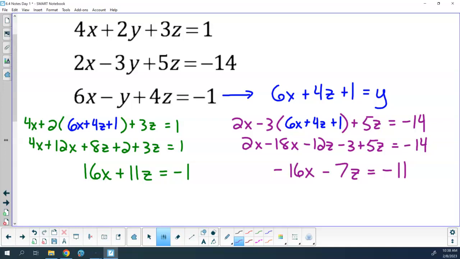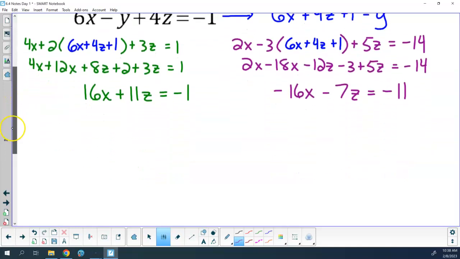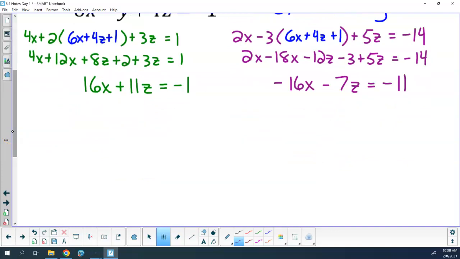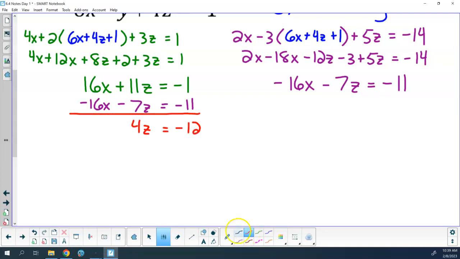Okay. Nice thing is that we can just straight up add those two equations together. It's going to give me 4z equals negative 12.